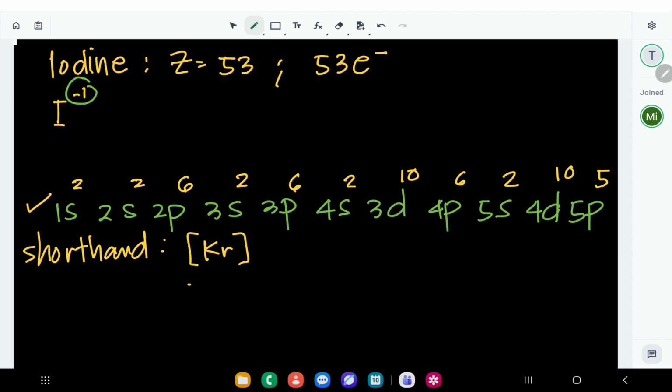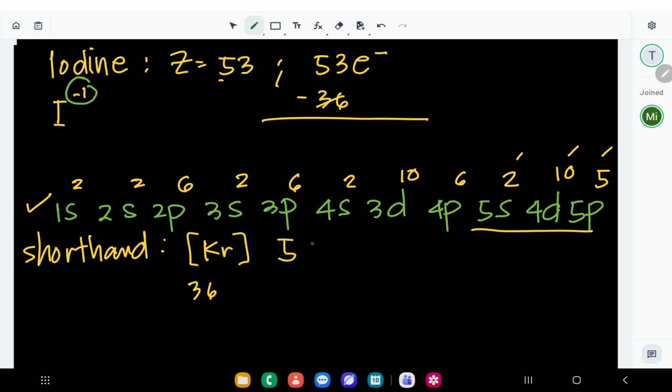Yeah, 36, right? So we subtract 53 minus 36. So how many electrons will be left? 17. So we will cross out the 36 electrons, and we will only copy the 17 electrons. So from the last orbitals, 5 plus 10 is 15, 16, 17. So we will only copy this one.